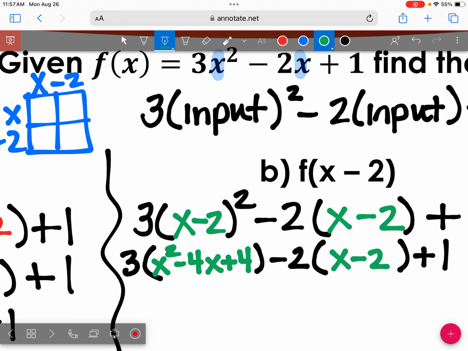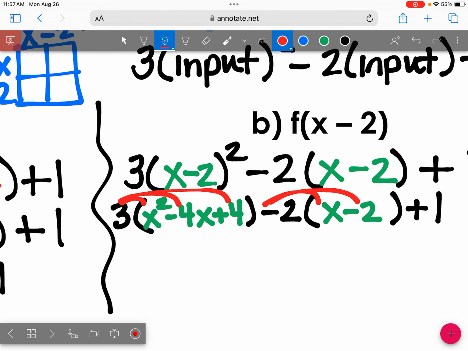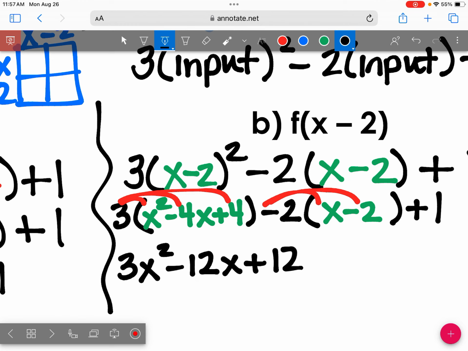Who had that? Now we got to distribute. The first parentheses, we're going to multiply by 3. The second one, we're multiplying by a negative 2. So 3x squared minus 12x plus 12 minus 2x plus 4 plus 1.